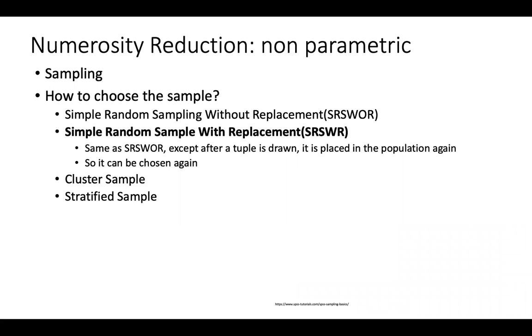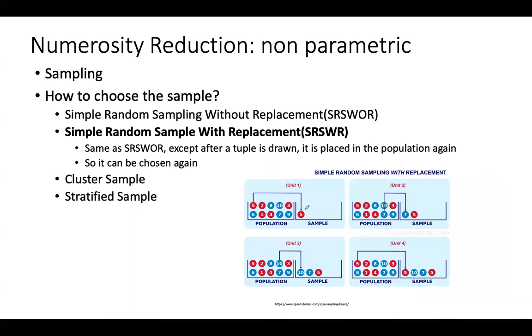On the other hand, we have simple random sampling with replacement. Again, similar, we have 10 data points. You pick a sample and return it. You pick another one, return it, and all that. By the time we randomly sample 4 with replacement, you can see what's happening here.